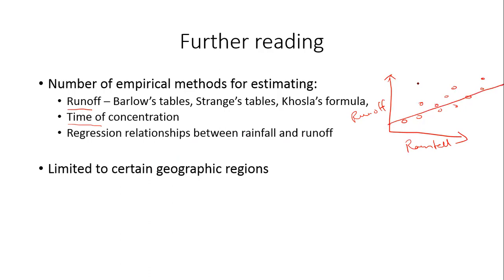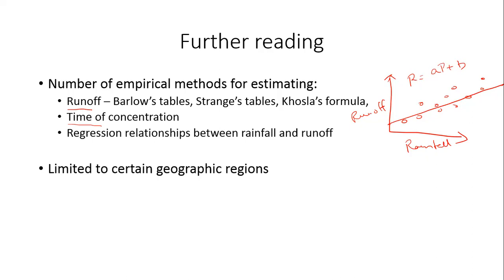This line will have some equation, right? So it will be R equal to A times P plus B, something like that. So you get a best fit line with the coefficients A and B, then given the rainfall for any given year, you simply put it into the equation and you can predict how much runoff will be generated, right?